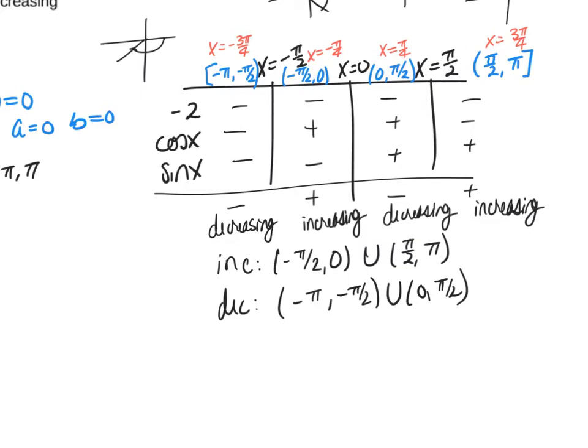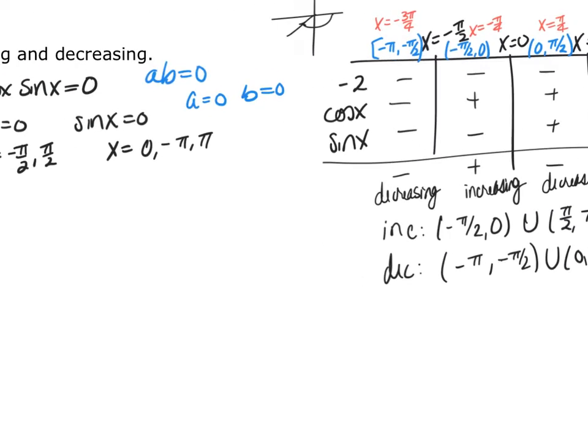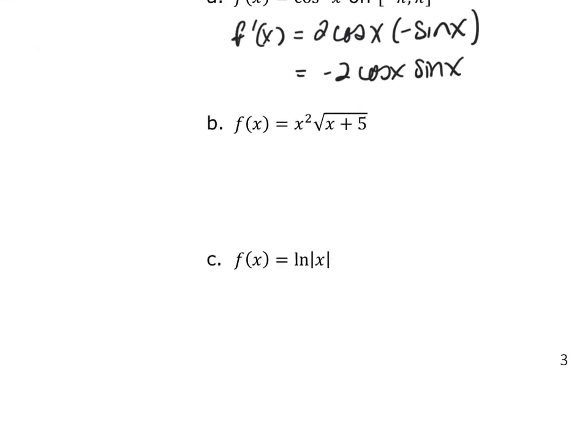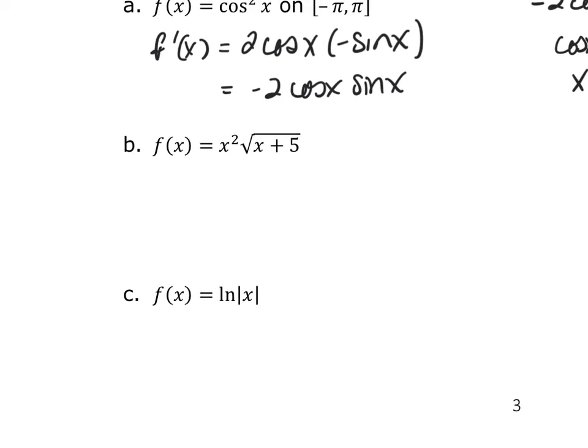All right, let's do one more example and then we'll keep moving on. We're going to do b here, so I'm going to do the derivative. And so the first thing I'm going to do is find my derivative, f prime of x. So that's going to give me 2x, the square root of x plus 5, and then plus 1/2 x plus 5 raised to the negative 1/2 multiplied by x squared.